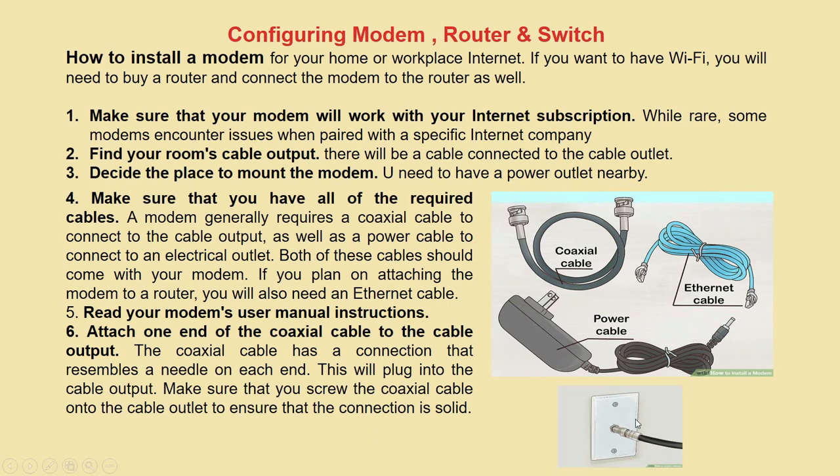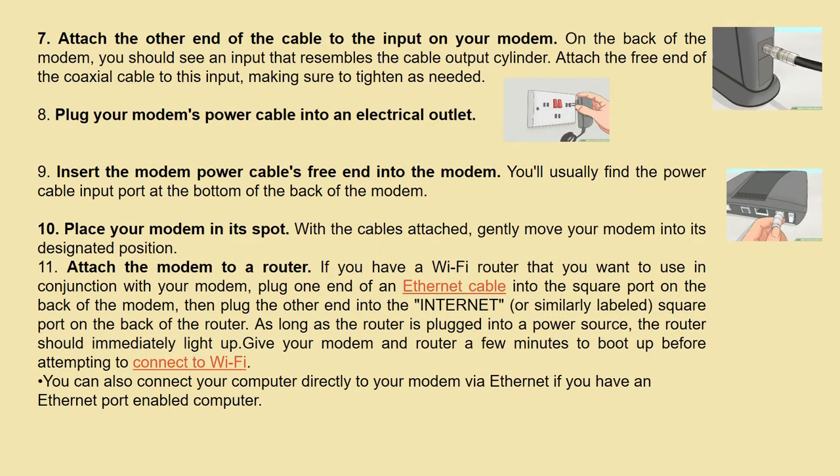Then attach the other end of the cable to the input on your modem. On the back of the modem, you should see an input that resembles the cable outlet cylinder. Attach the free end of the coaxial cable to this input, making sure to tighten it as needed. Okay, so here you have to fix it.